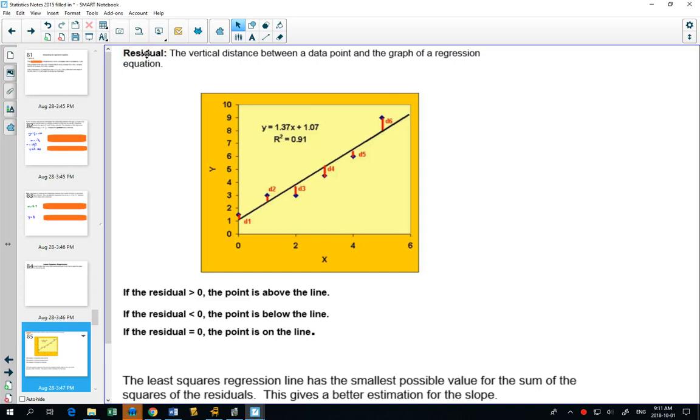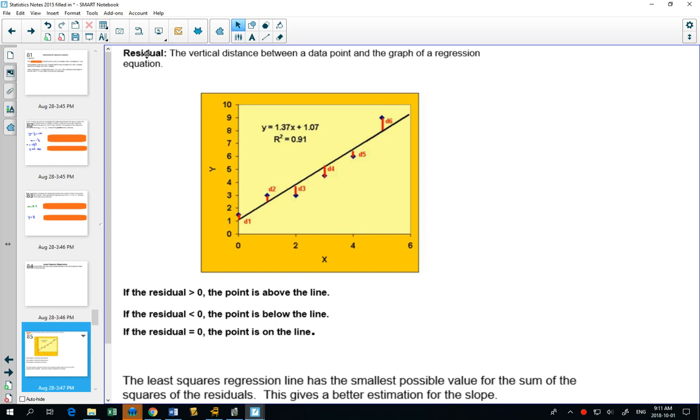Each point has a residual, and that residual is the vertical distance away from a line of best fit. And just like we calculated variance, where sometimes we have points that are above the mean, sometimes below the mean, and we squared them, we're going to square these values as well.